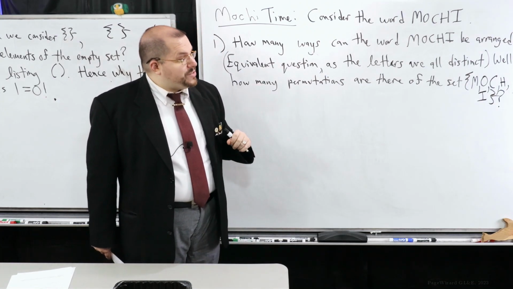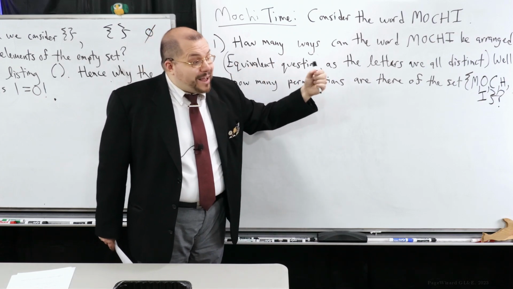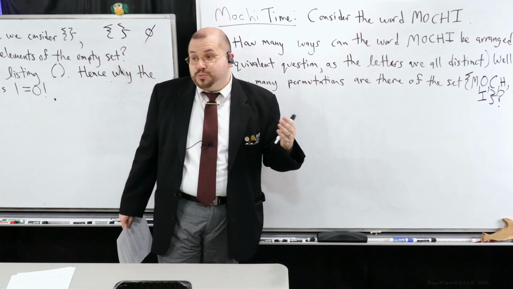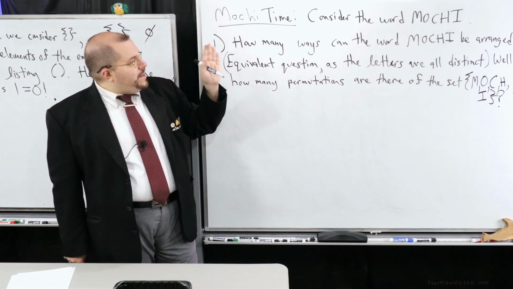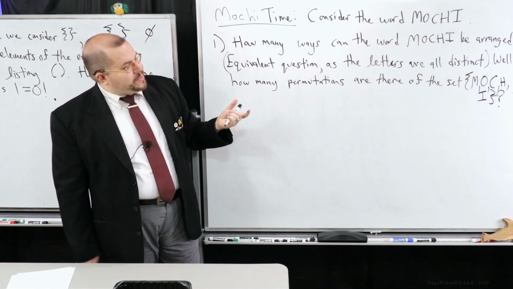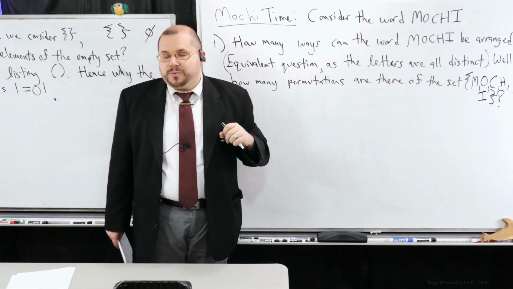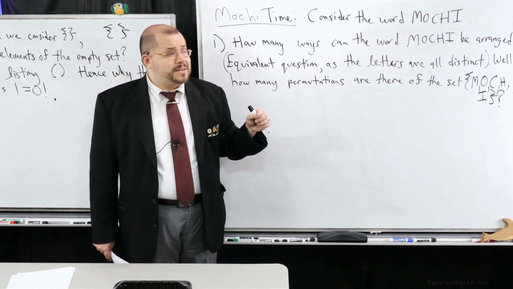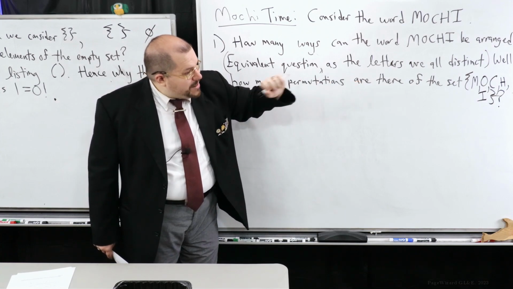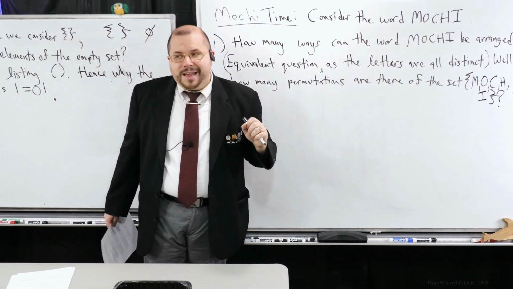All those letters are distinct. They all are distinct elements of a set, right? There are no duplicates. So when I rearrange these terms, the ordering is what I care about. The number of times I can arrange mochi is the same as how many times I can assign an ordering to the elements in that set.